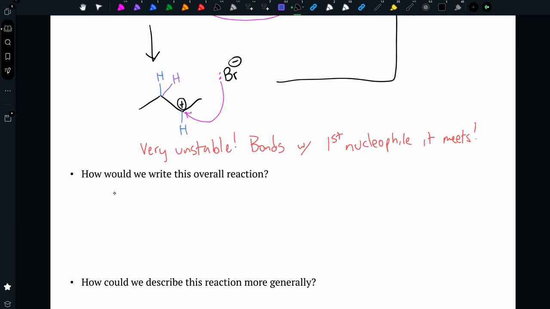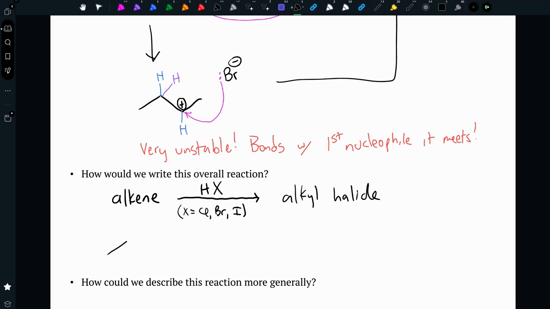So the way we would write this, in general, if we're just talking about our functional groups, we would say an alkene reacts with HBr, or to make it more general, I'm going to call it HX, where X is Cl, Br, or I, and we make an alkyl halide.